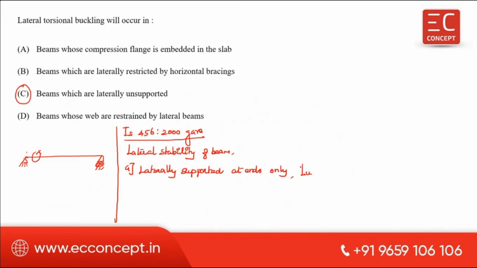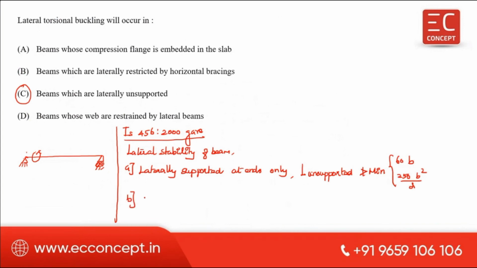Then laterally supported, laterally unsupported. The length should not be greater than the minimum of 60 B or 250 B square divided by D.